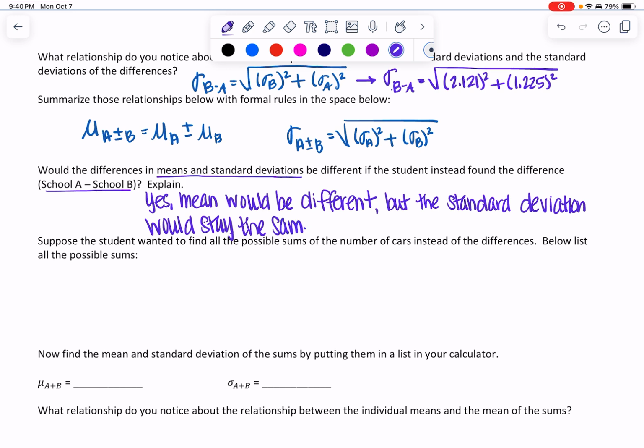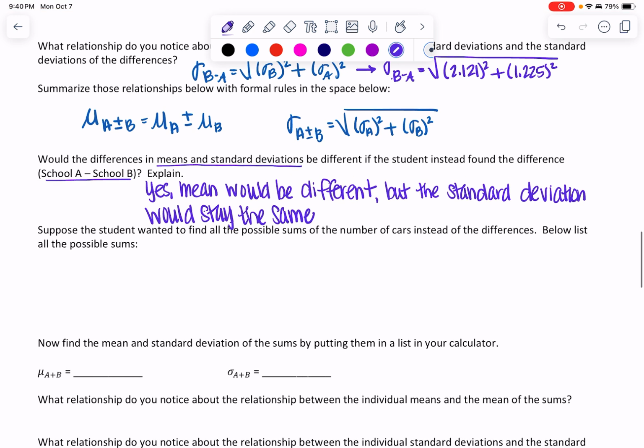And that is because the formula for that standard deviation is plus.